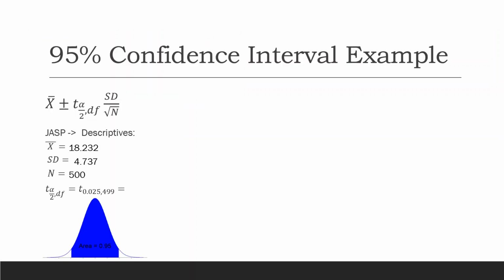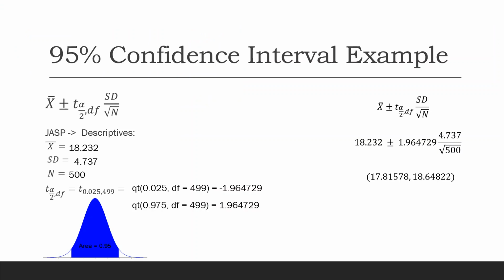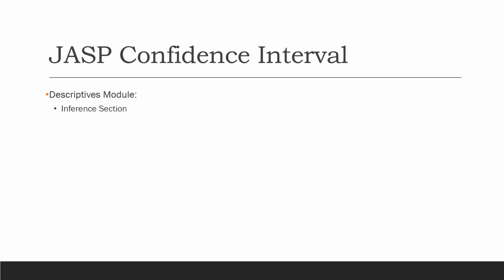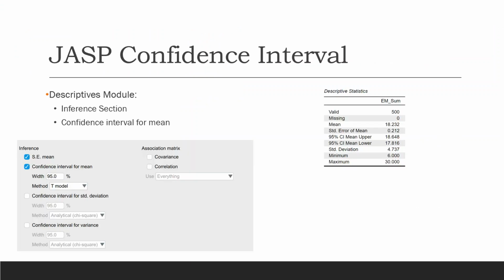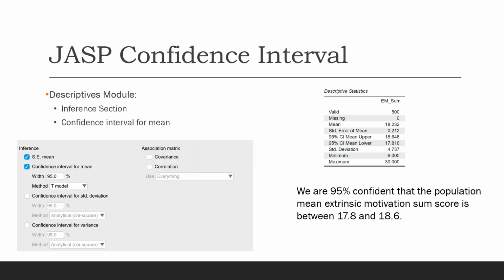And so this was the confidence interval that we got, 17.81578, 18.64822. As you're going to see here, we get those same values, right? This is the interpretation that we usually give when we interpret a confidence interval.